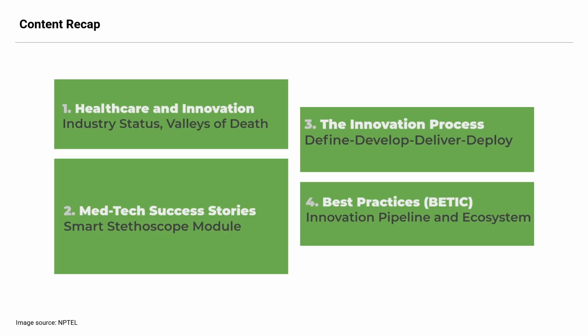So his entire talk has been divided into four heads, which is healthcare and innovation. Second is the medtech stories, which he talks about the smart stethoscope. Third is the innovation process. Remember, I mentioned about the 4Ds. And then you have the best practices, the innovation pipeline, and the entire ecosystem of fatigue.